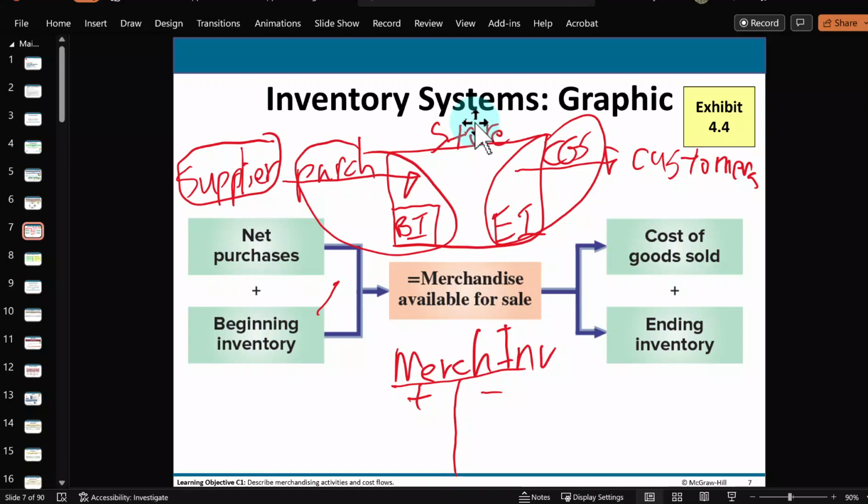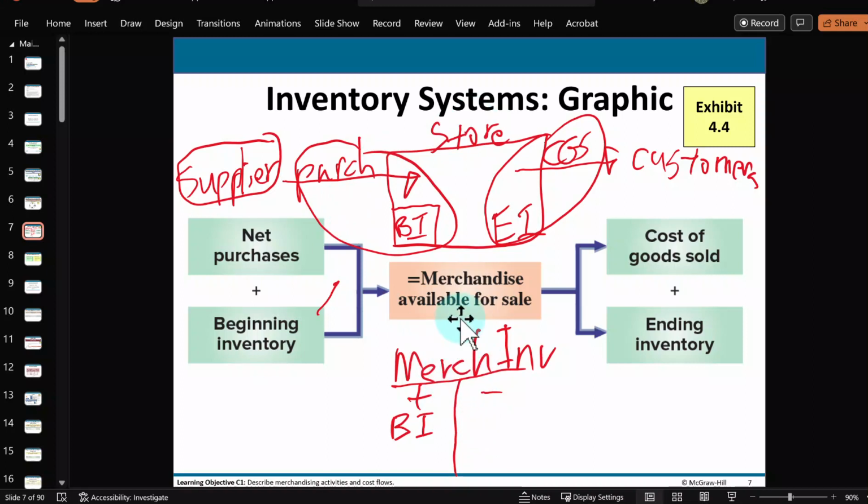So sitting in this merchandise inventory account at the beginning of the year is stuff we didn't sell from the last year, called beginning inventory. Normal balance is a debit for an asset. And then when we buy more merchandise during the year, we're going to increase this merchandise inventory account with more debits.